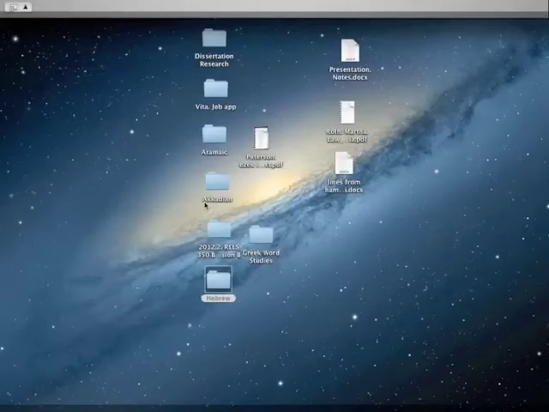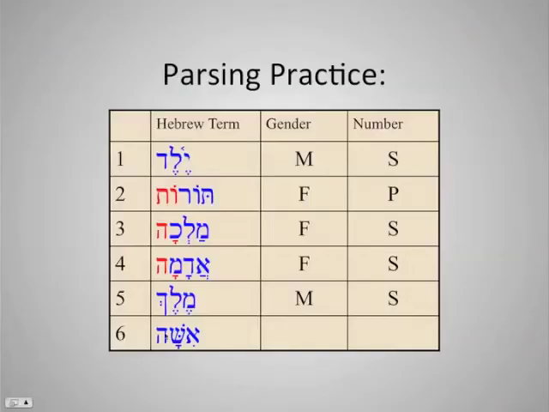And number 6, we have another noun, isha. Looking for the ending, we see that isha ends in a kametz hey. That kametz hey, again, is our feminine singular noun ending, so we can parse it as feminine singular. Isha means wife or woman. In this case, we can see why number 6 is feminine singular, because isha, woman or wife, is naturally associated with the feminine gender.